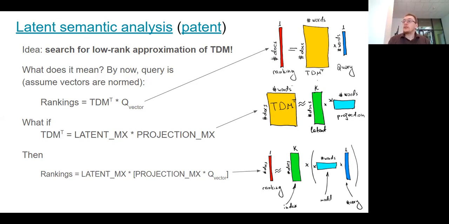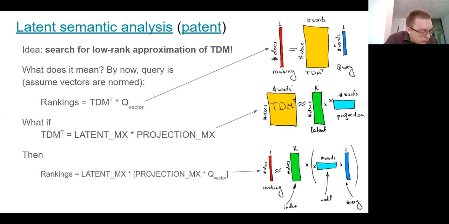The second thing is how can we use these matrices? We want to store the documents in the index, and we want to obtain similar documents for the query.